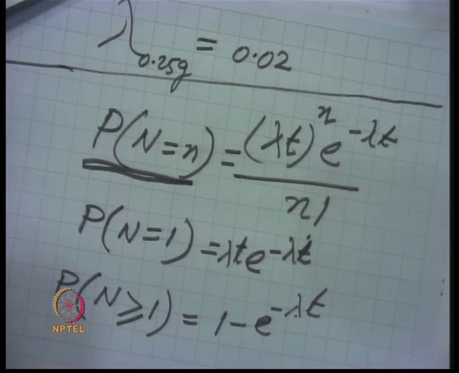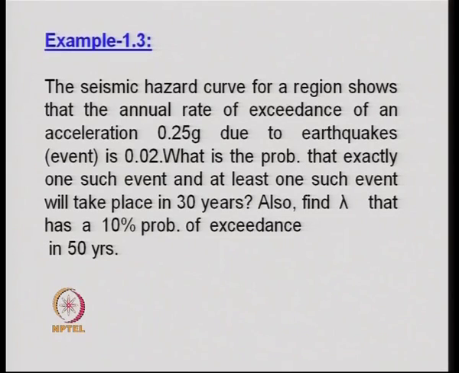Now, what we have to find out is the probability that exactly one such event, that means only one event where the 0.25 g peak ground acceleration will occur, takes place in 30 years.